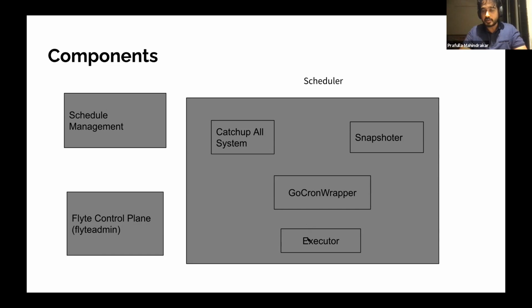And the executor is the one which actually sends the executions to the control plane. So whenever the GoCron wrapper is scheduling new Go routines based on the schedule that it has read, it has read a set of executions from the schedule management system, and now it creates the in-memory routines so that it can execute those.